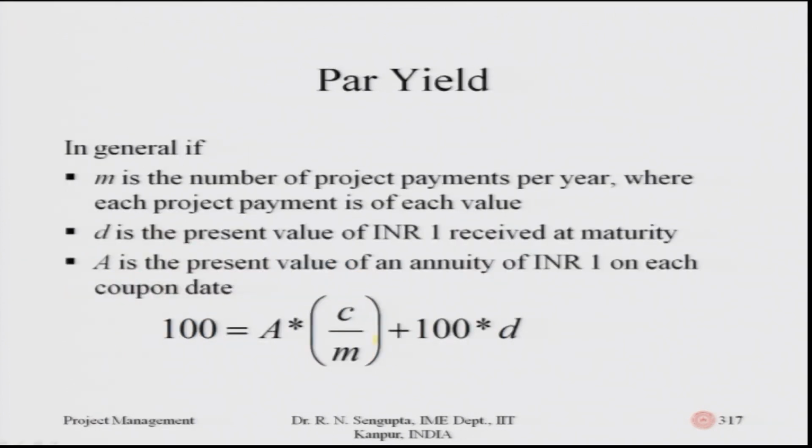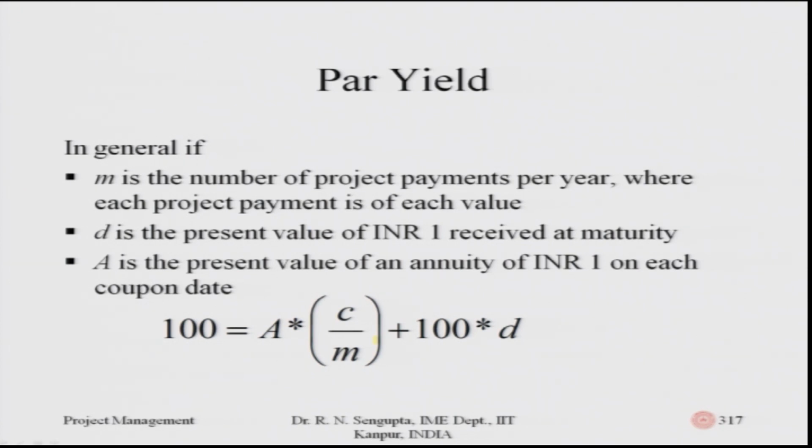So, considering the concept of par yield further, in general, if m is the number of project payments per year, where each project payment is of equal value. D is the present value of Indian rupee 1 received at maturity, and A is the present value of an annuity of Indian rupee 1 on each coupon. So, what I need to find out is that if I equate, what you will see is two things.